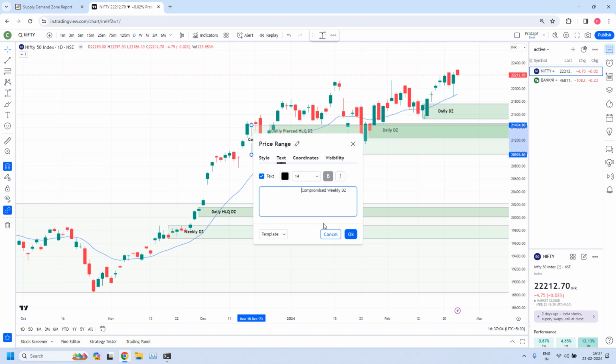We just compromised and drew it. Compromised weekly demand zone for reference. This is a compromised weekly demand zone for reference purpose and having a weekly EMA confluence.